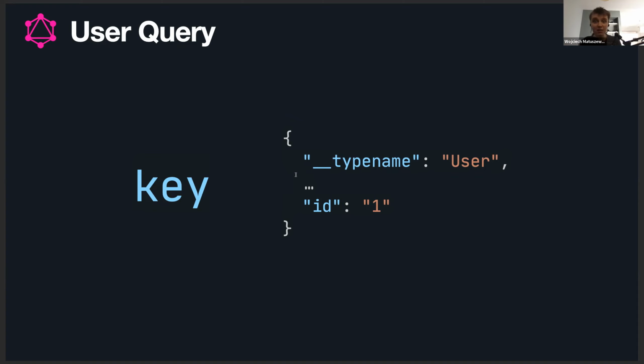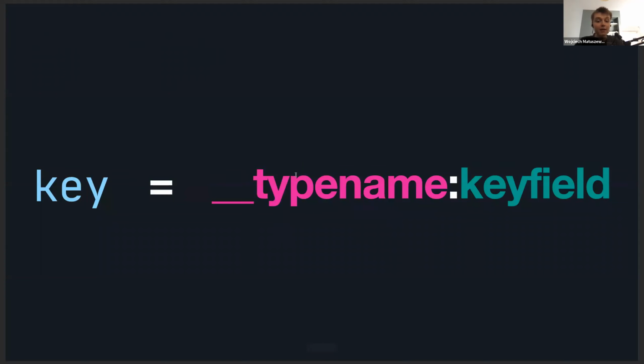You are actually the most important consumer of the API. And in our case, on a specific case, it's also the ID. That's why I told you to get that ID, very important. So the key is a type name. In our case, the key field is an ID.